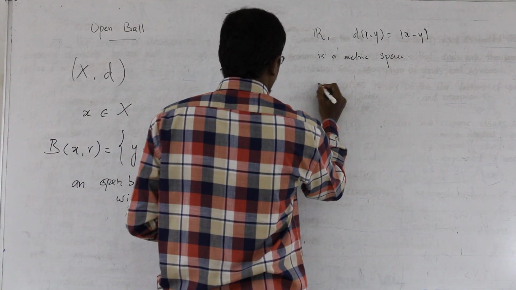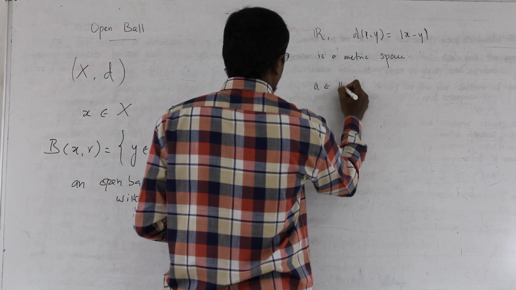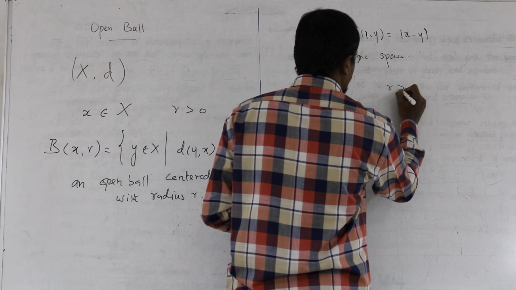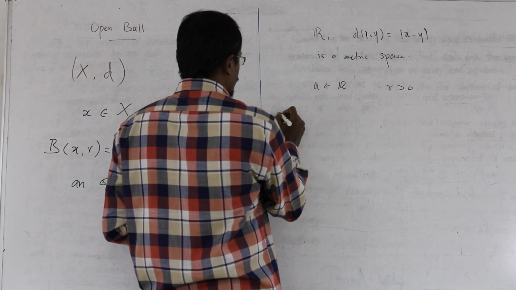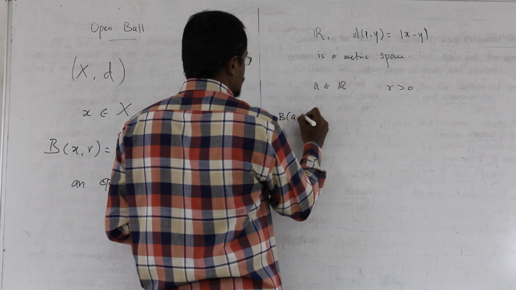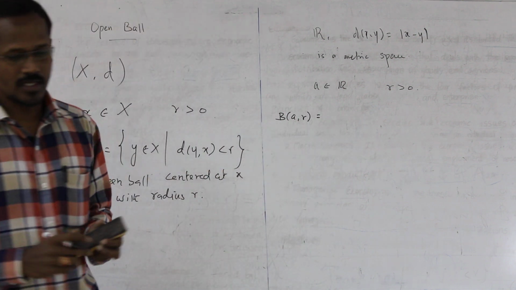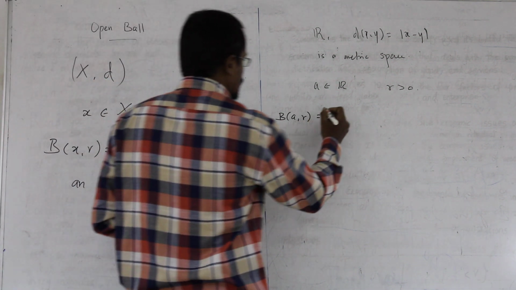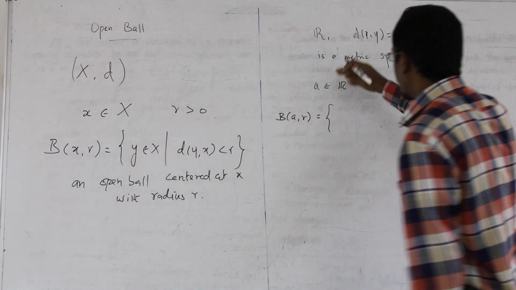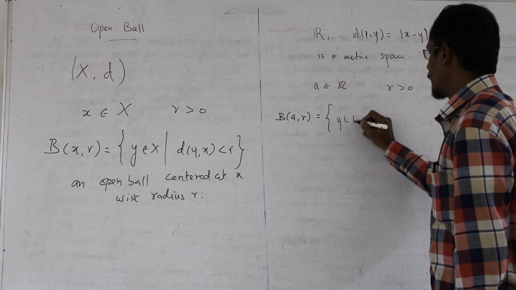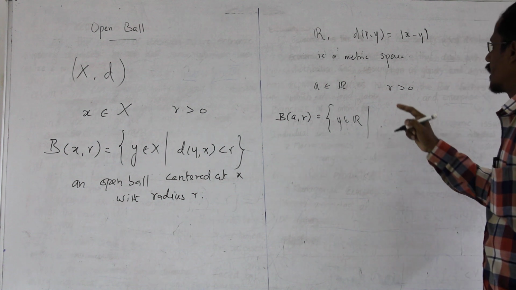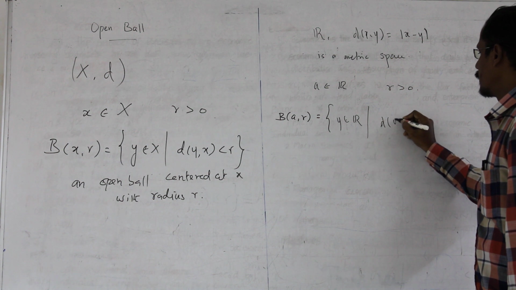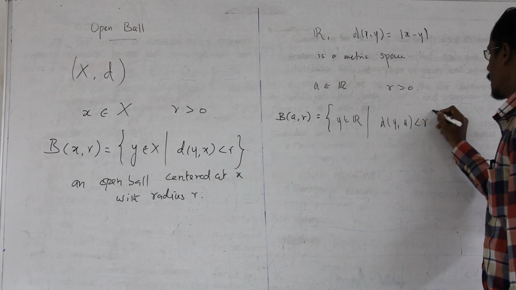For example, if you take a as any point in R, and you take r positive as a given number, we can get what this open ball with center a and radius r is with regard to this metric. So what is the definition? We collect all possible real numbers which have distance from a less than r, that is d(y, a) less than r.